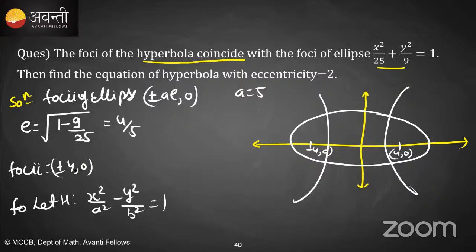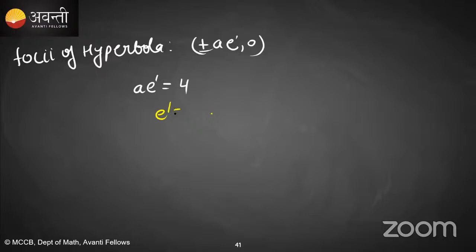And what is the eccentricity of the hyperbola? e dash is given as 2. So a into 2 should be 4. So a is 2. Is this clear? Is there any doubt?